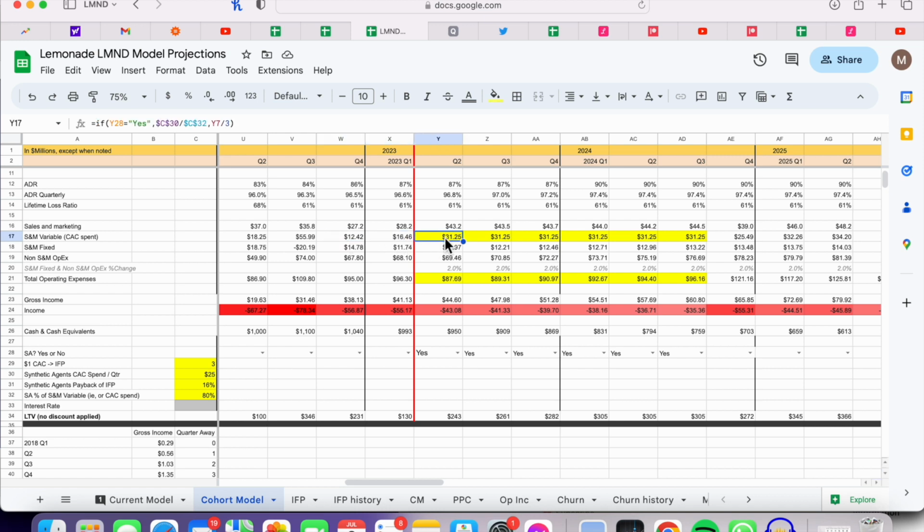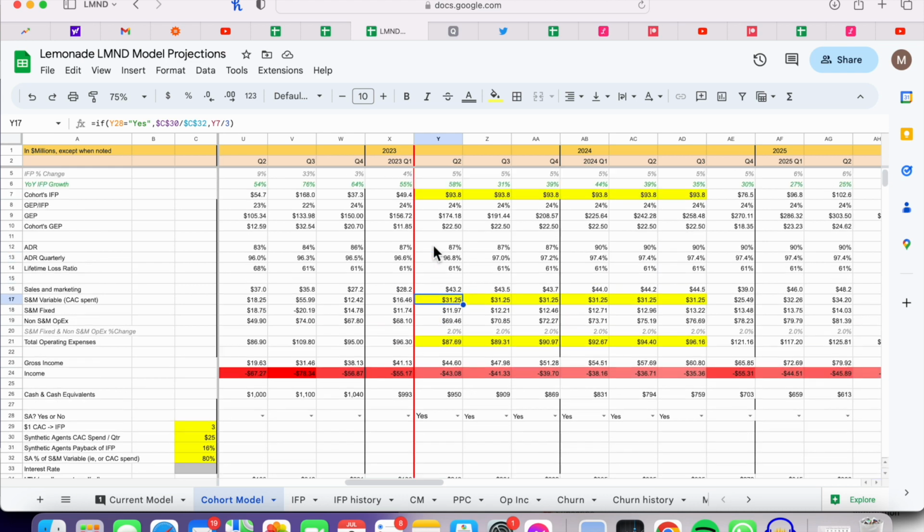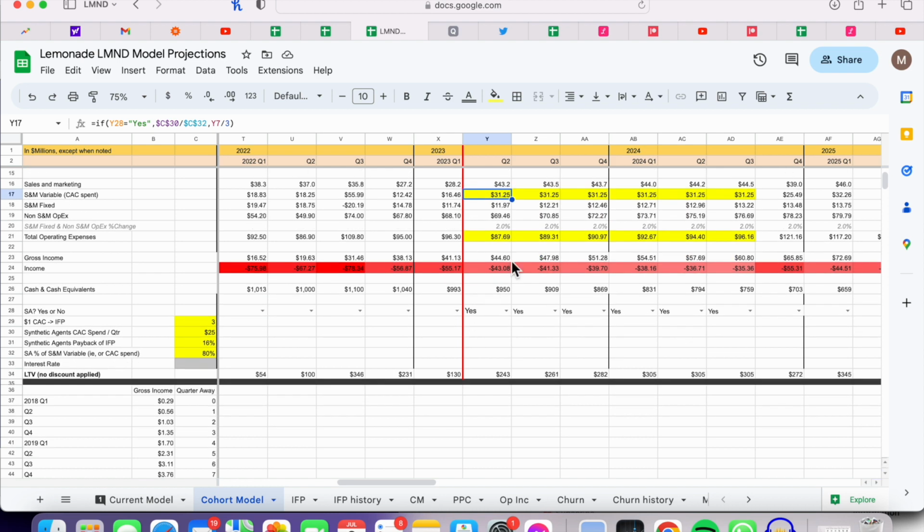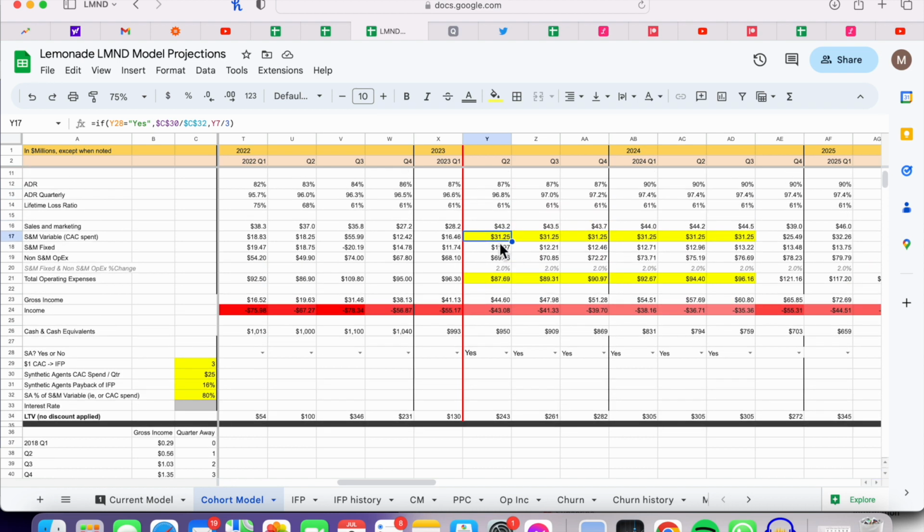And in these future quarters, again it's a third of premium growing, and you can set the premium to grow however fast you think, or if the synthetic agent is turned on, then it's going to use this math, and it's going to drive how much CAC advertising they're spending, and then how much premium they're getting.